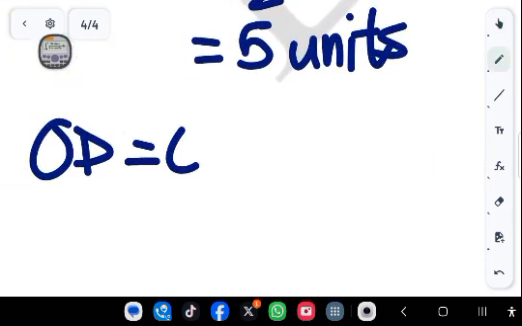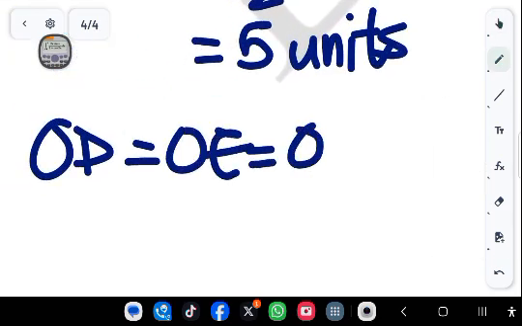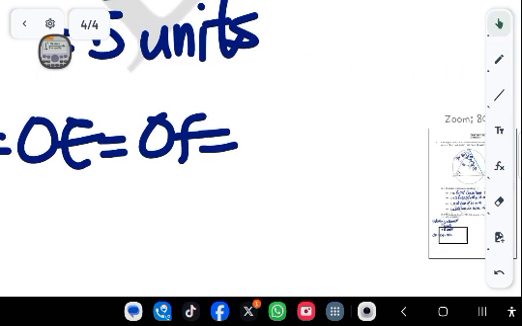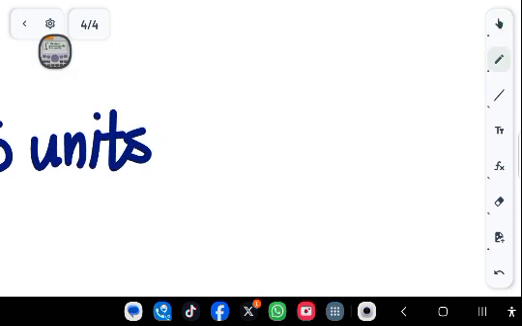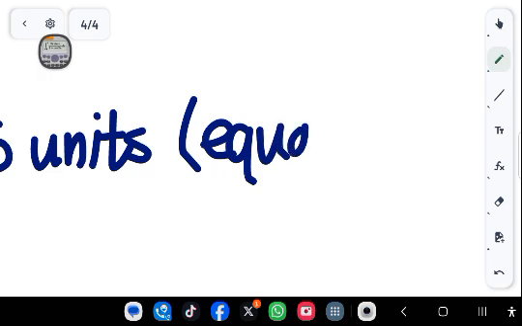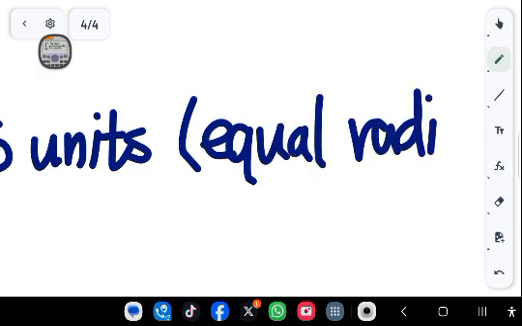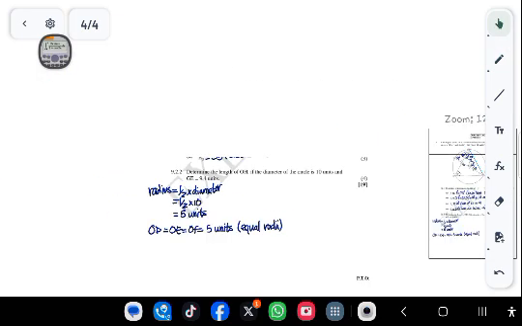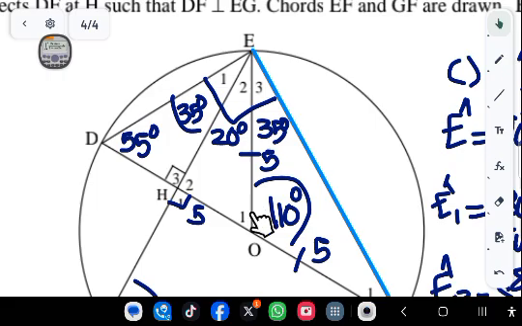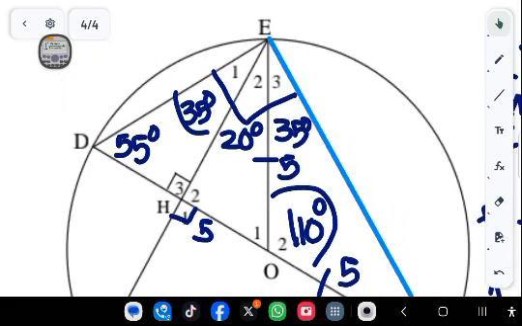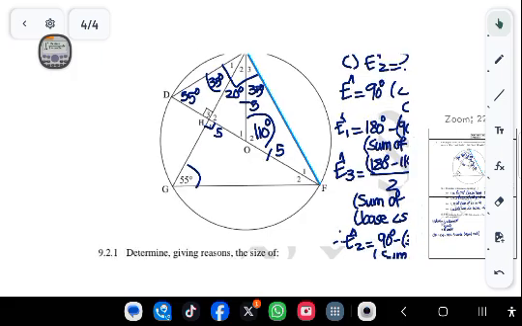The reason is equal radii. They are all equal radii.